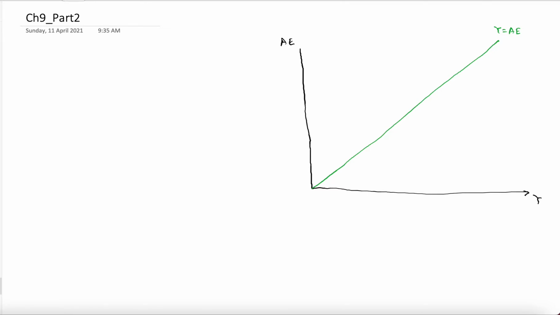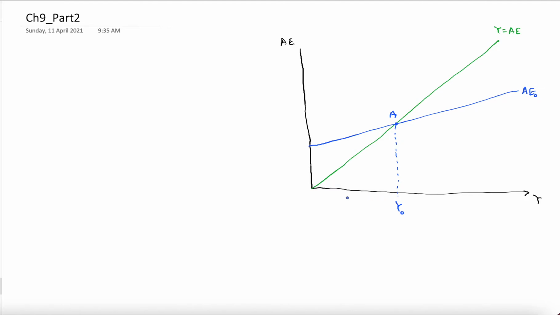And the planned aggregate expenditure has a slope less than 1. If we are in this situation, the equilibrium level of income is y0. So basically the point A here is the equilibrium.